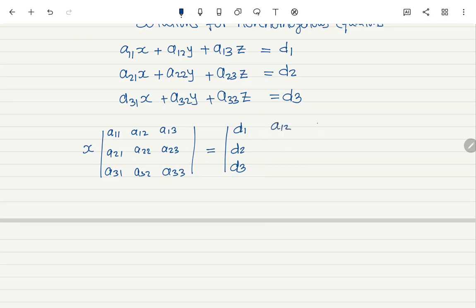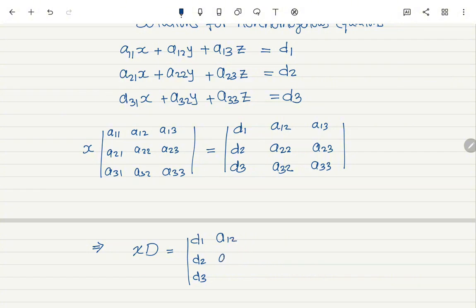Therefore, x times the value of this determinant, which is D in this case, should be equal to the determinant with d1, d2, d3 in the first column, followed by a12, a22, a32 and a13, a23, a33.